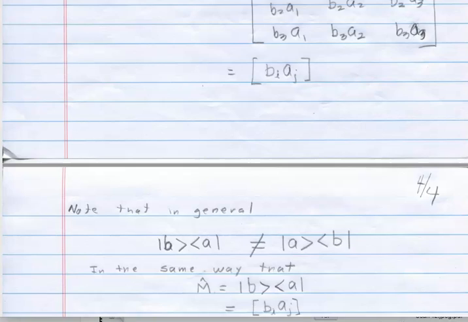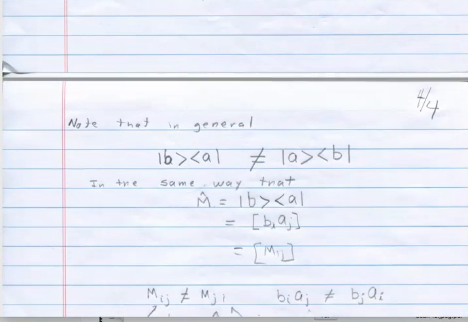Well, again, I'll note that in general, these two different outer products, the outer product of A and B, is not the same as the outer product of B and A. If I switch this B to an A and this A to a B, I get this.